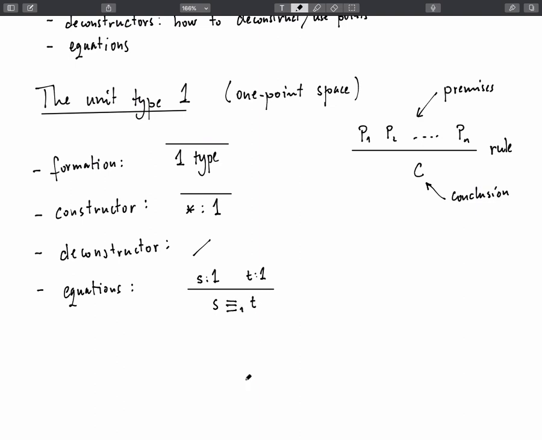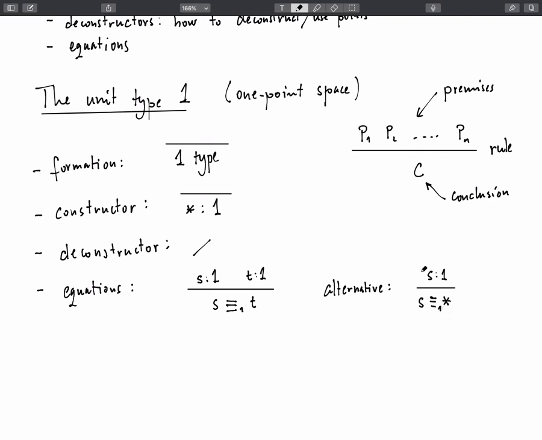An alternative would be to say, if you have S of type 1, then S is equal to the asterisk. Both are possible and they're in fact equivalent.